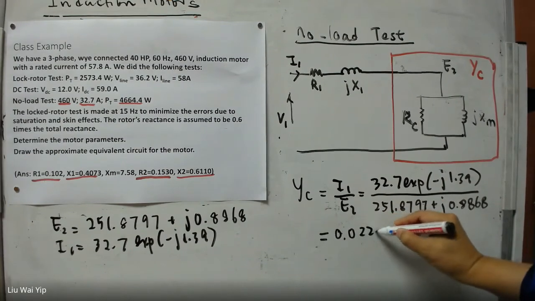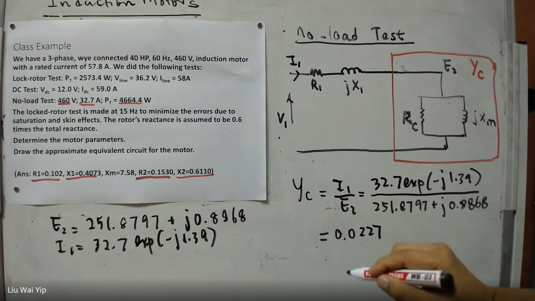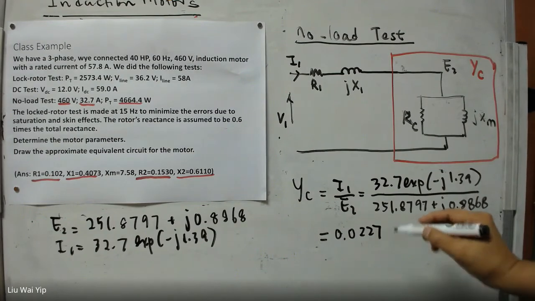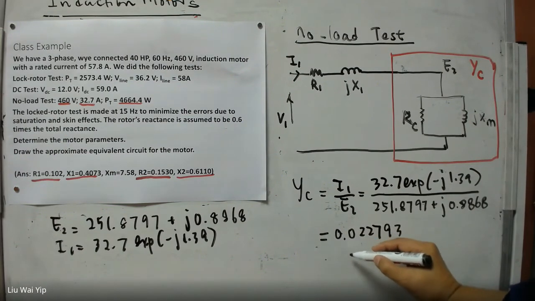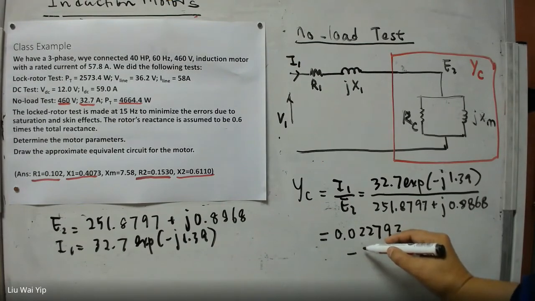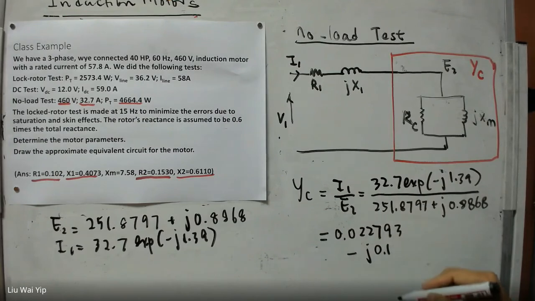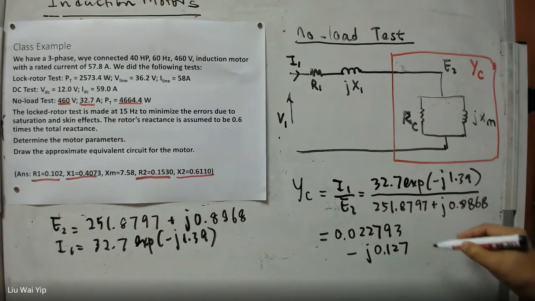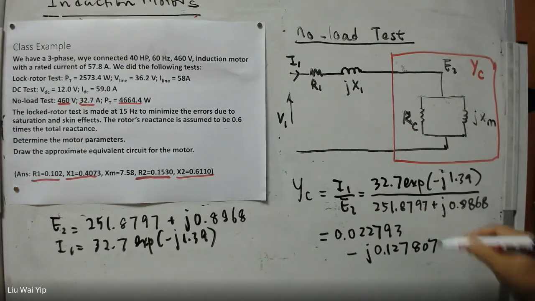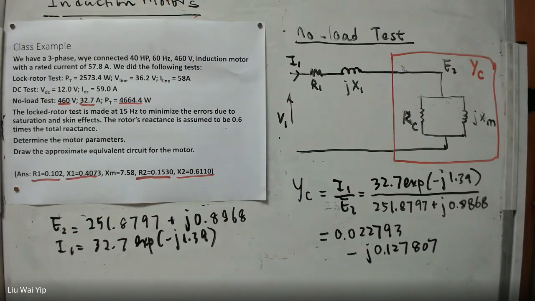Here is 22793, and the imaginary part is 0.107. Okay. So if you do it carefully, then you will get this value.